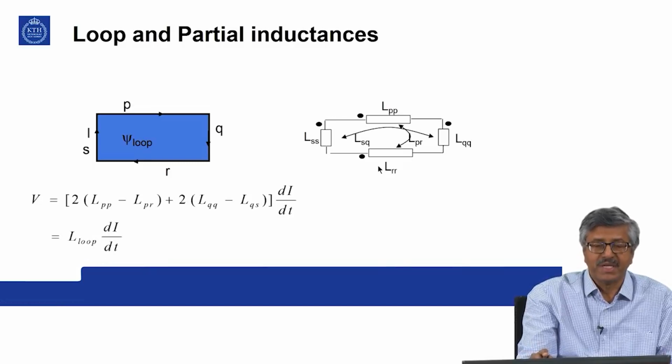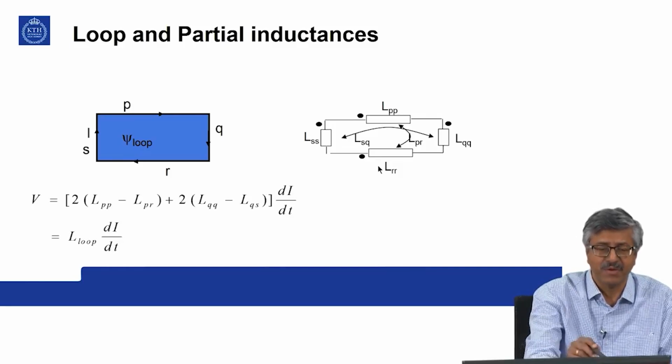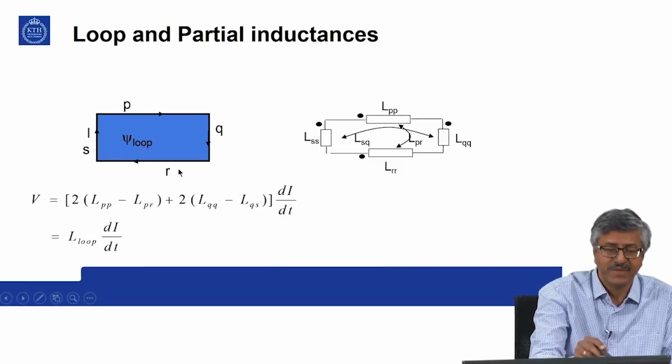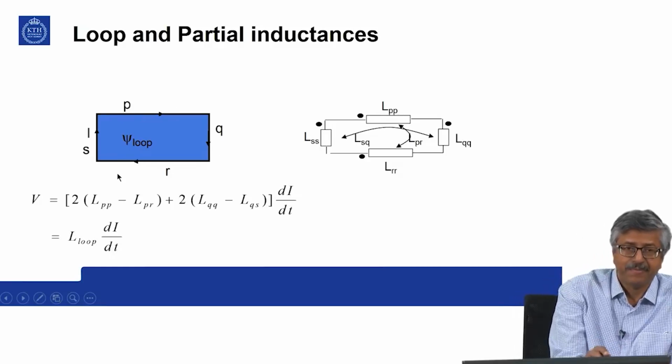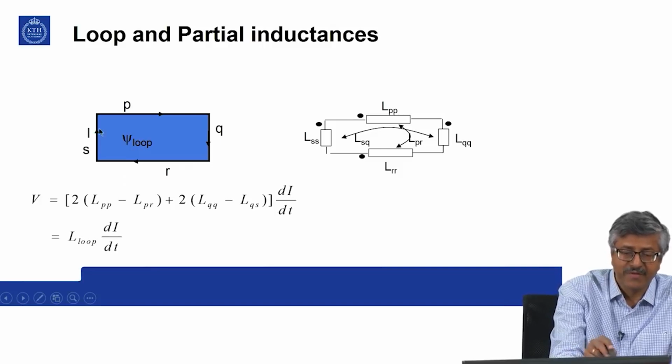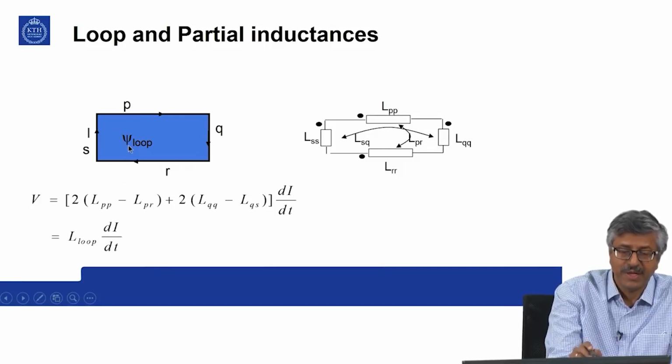So, loop and partial inductances. These concepts are not very common, but sometimes they are used. Say for example, if you have a loop like this with sides P, Q, R, S carrying some current, we call it a loop inductance. So, you take the circulating current and the magnetic flux confined by this loop.